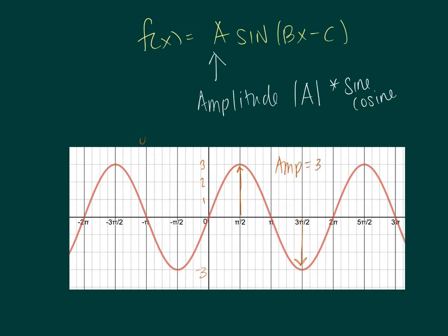This is actually the function y is equal to 3 times the sine of x. So all that has changed here is the vertical stretching of our graph, so that it now reaches 3 and -3 as our maximum and minimum function values.